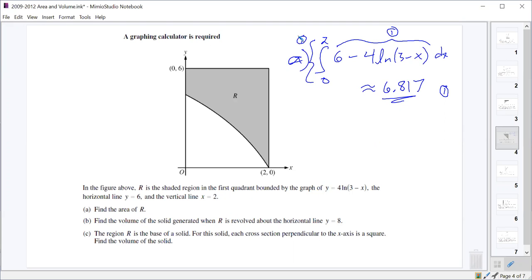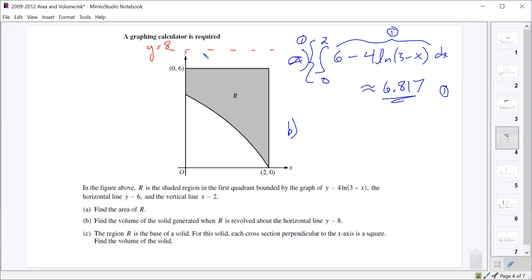All right. If we're looking at part B, B wants us to find the volume of the solid generated when R is revolved around the line y equals 8. So if we're going around the line y equals 8, around the horizontal axis, we should slice it vertically to give ourselves washer cross sections.